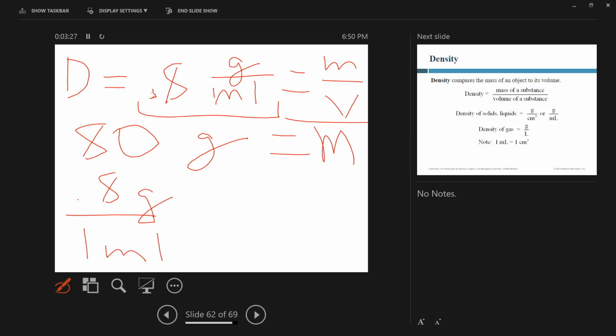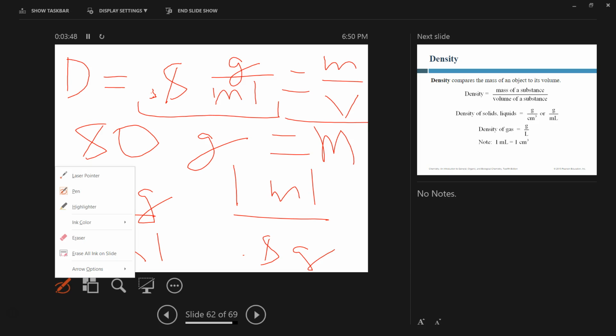This is essentially the same as saying that there is 1 milliliter of volume that 0.8 grams occupy. So these are two basically equivalent conversion factors.